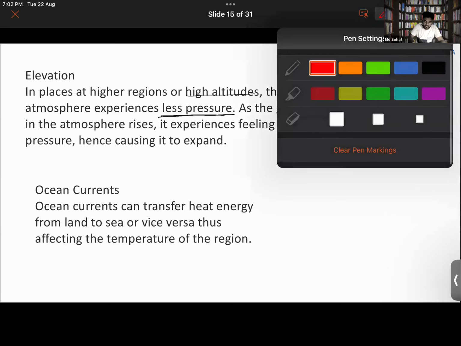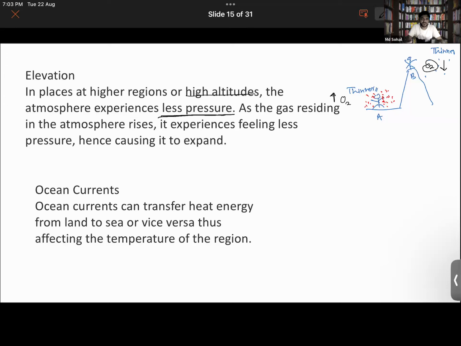And you know what air pressure is? Air pressure is simply the pressure generated by the air molecules, the dust particles and the gases present. The earth is surrounded by a blanket of air called the atmosphere.